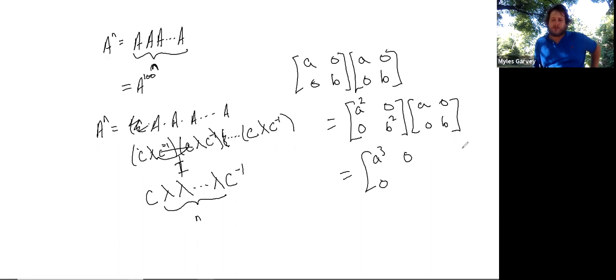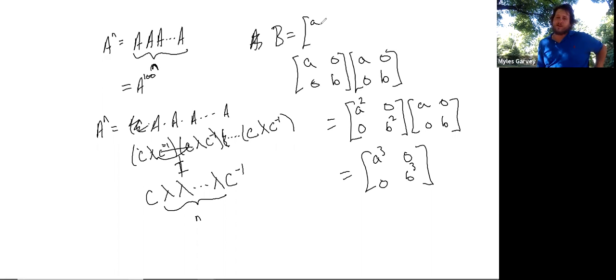And so what's the point? The point is that the power of a diagonal matrix, let's say B is a diagonal matrix where I have A1, A2, up to AN, then when I take B to the M power, that's just taking the diagonal elements to the M power.